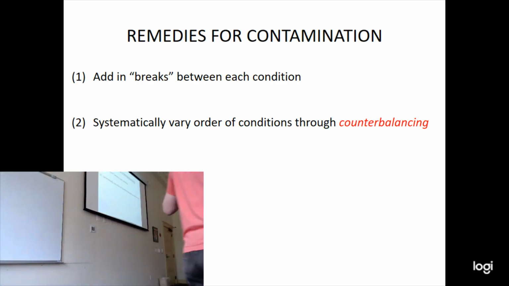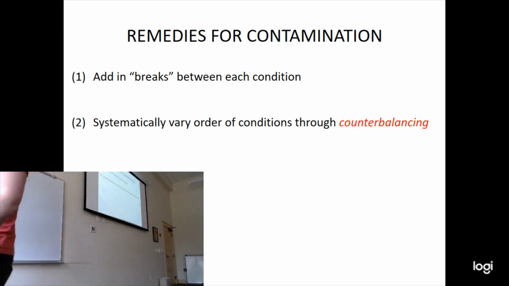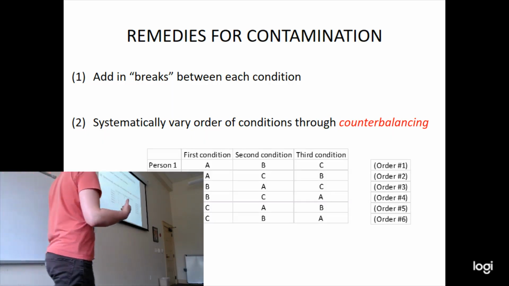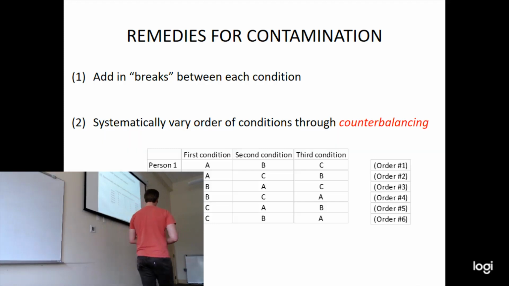Another way is by actually changing up the order that each participant proceeds. This is a principle called counterbalancing. And to get a sense of what this looks like in action, let's imagine that you have 6 people, and they're each going to experience 3 different conditions.